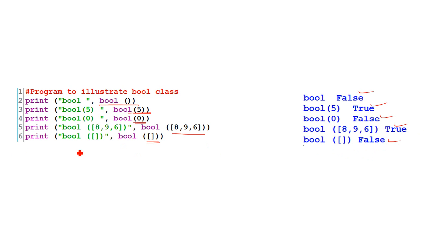The same Boolean class can be used to check conditions in control structures, and that will implicitly produce a value. Based on the returned value, we can take either the True path or the False path, like the Boolean even in conditional expressions as well. Okay, thank you.